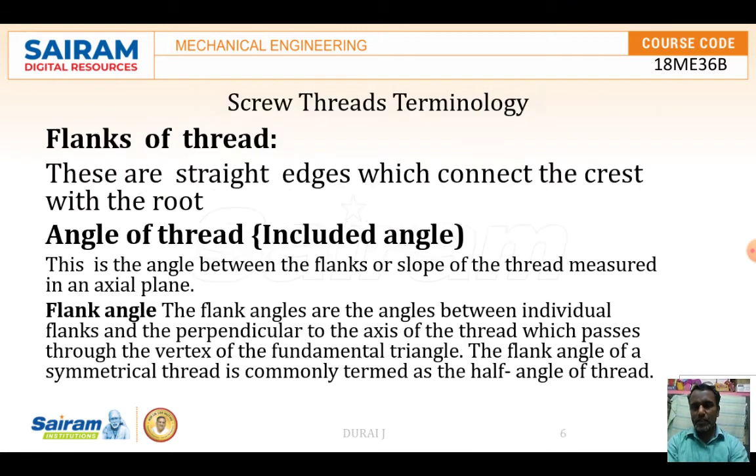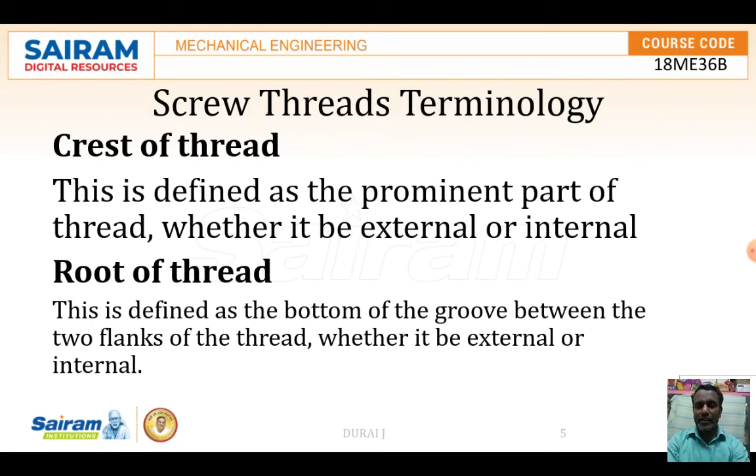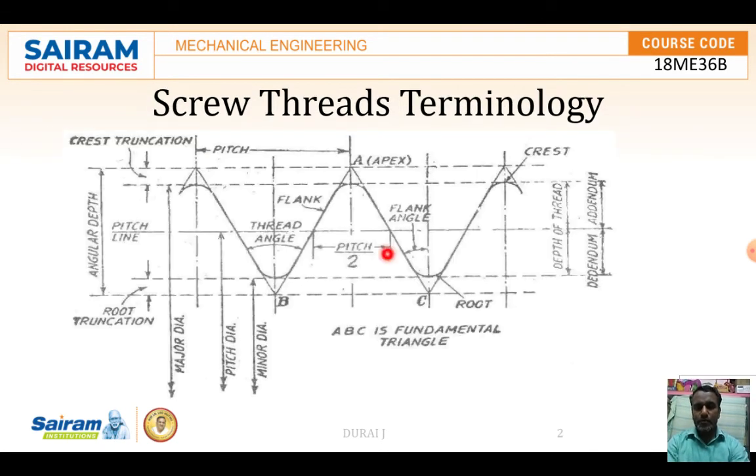Then comes the next thing, angle of the thread. Here, flank angle. The flank angles are the angles between the individual flank and the perpendicular to the axis of the thread which passes through the vertex of the fundamental triangle. In this diagram, this is the flank, and the line passing through the vertex is perpendicular.